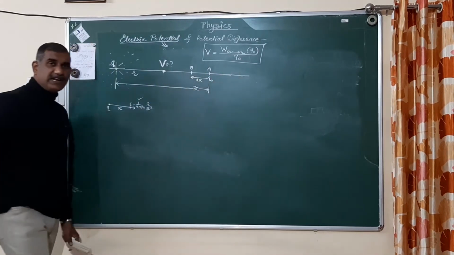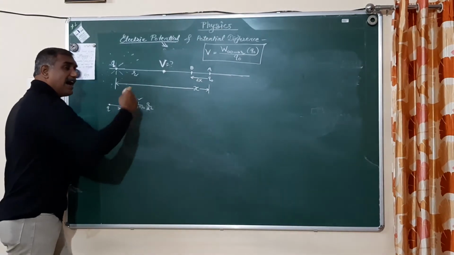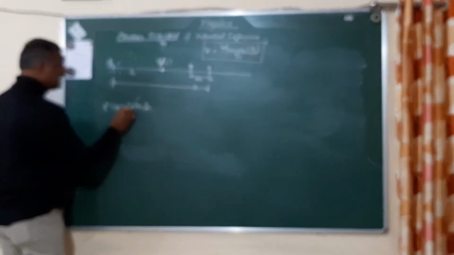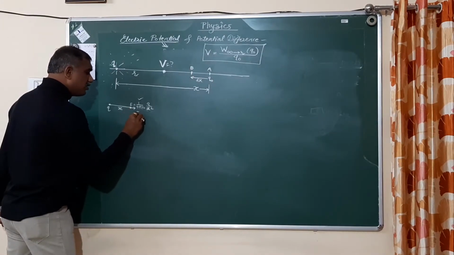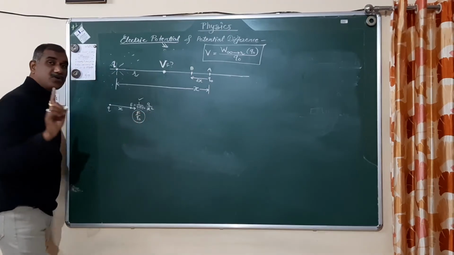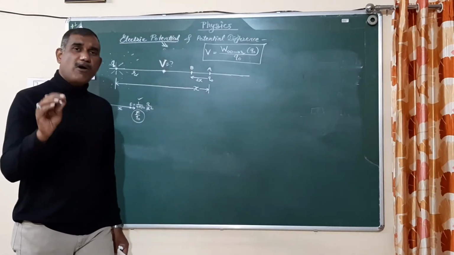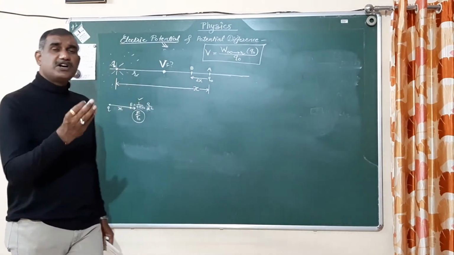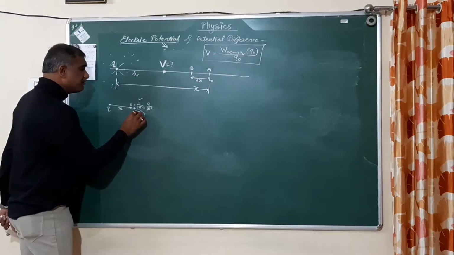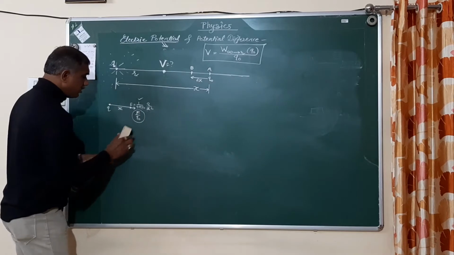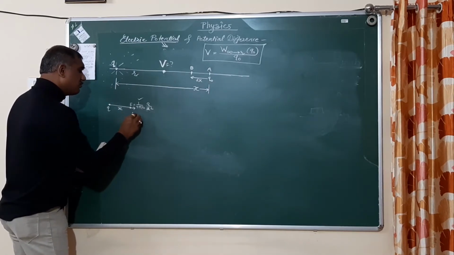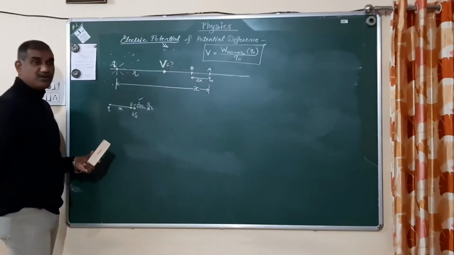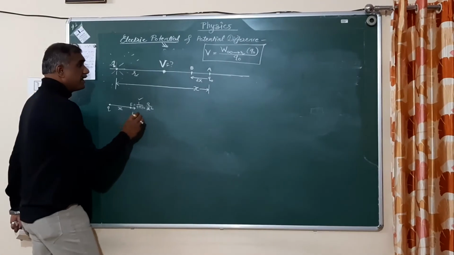In which direction will that electric field intensity act? In the outward direction. Similarly, remember one thing: electric field intensity is nothing but the force per unit charge. We obtained in the same way the force on 1 coulomb charge: we obtained the force on Q0 charge divided by Q0. It will give you the force per unit charge, or you can say that at this point the force on 1 coulomb charge is exactly equal to E. Now, similarly, look at this.